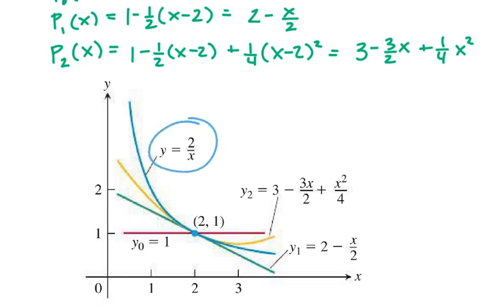What this is saying is that, as long as my x values are between 0 and 4, I can approximate this curve, y equals 2 over x, some rational function, with a polynomial. As I add more terms from this power series to my polynomial, that polynomial is going to start to match that blue curve.